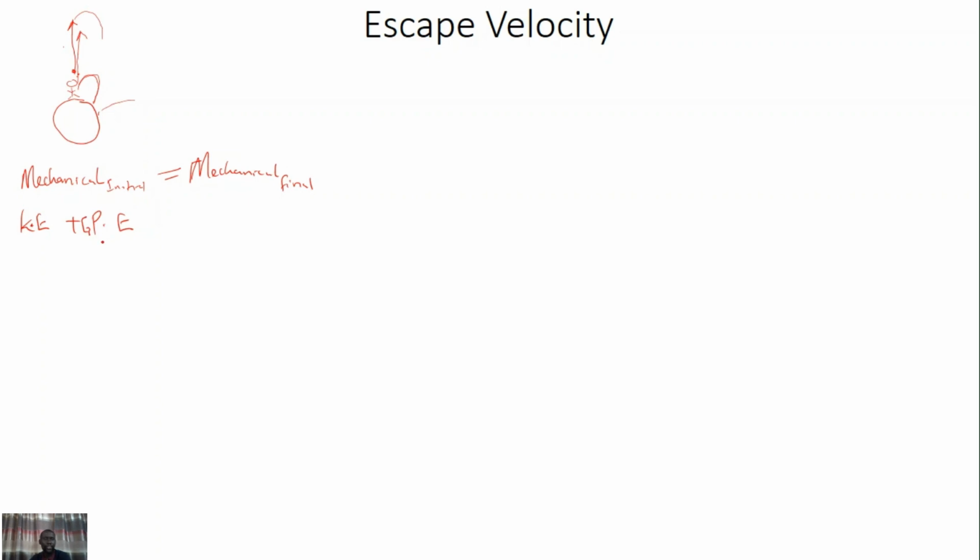So, for us to derive the escape velocity of a planet, we need to use the principle of conservation of energy.